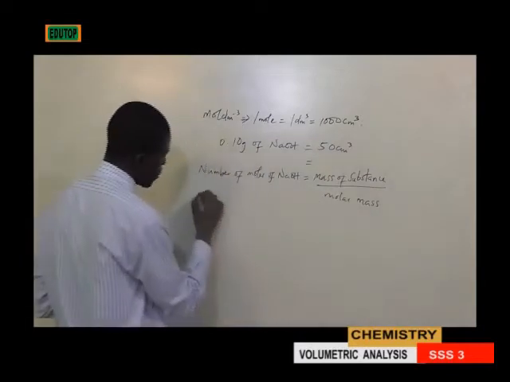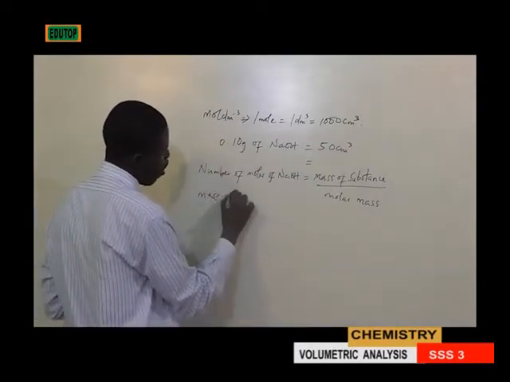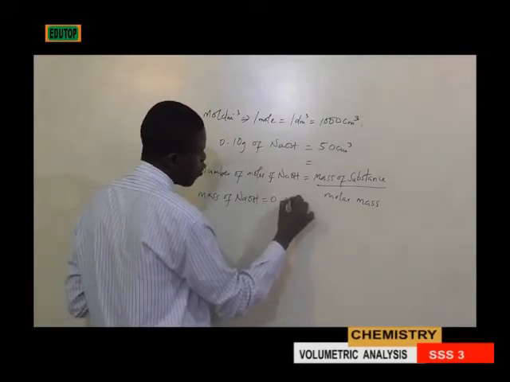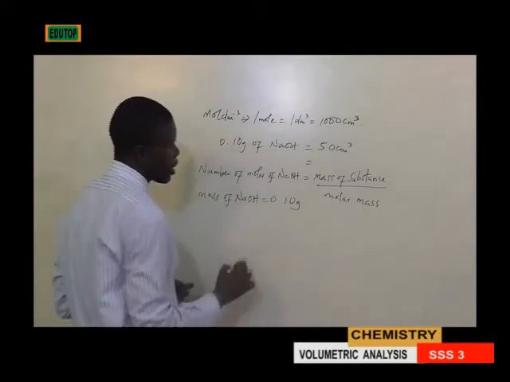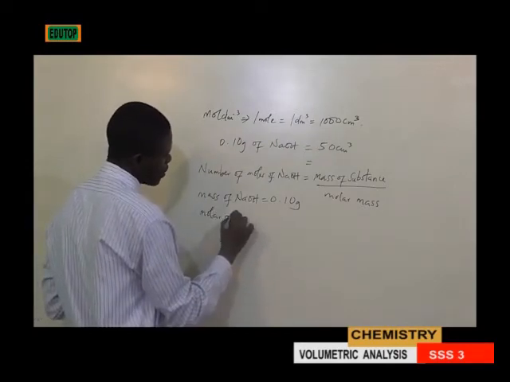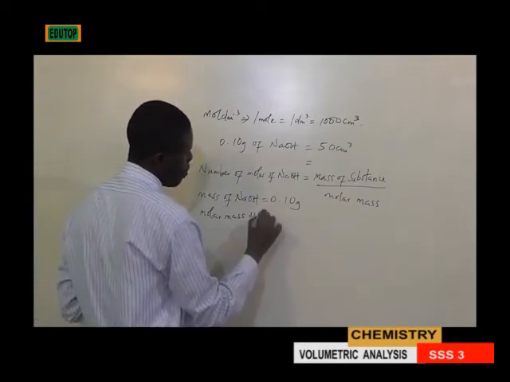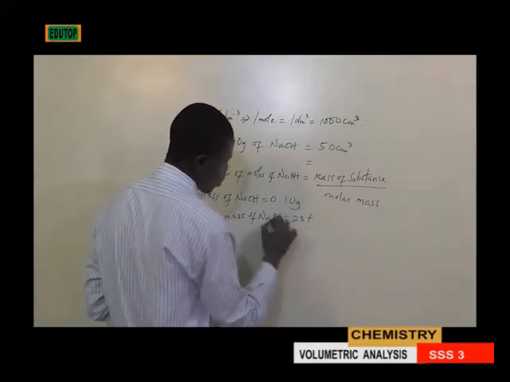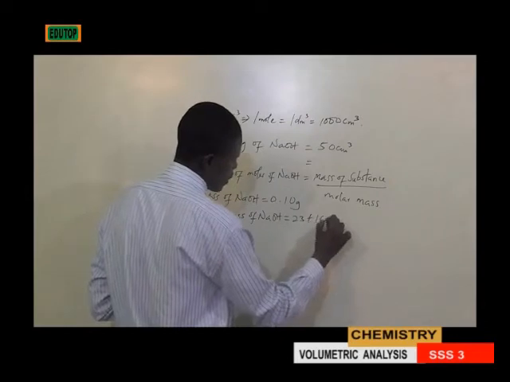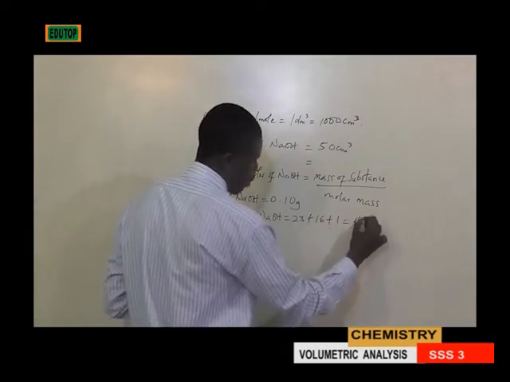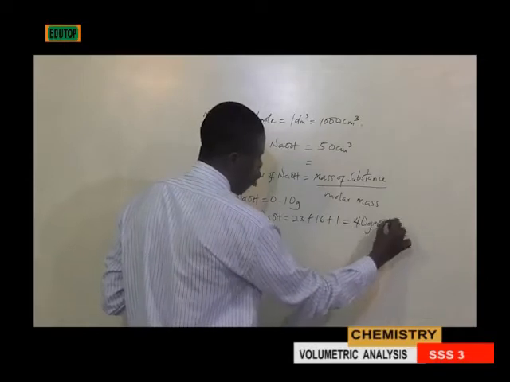What is the mass of the substance? Mass of sodium hydroxide given in the question is 0.10 gram. The molar mass of sodium hydroxide is 23 for sodium, oxygen is 16, and hydrogen is 1. So if you sum this up, you're going to get 40 gram per mole.